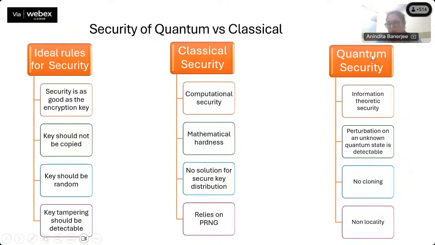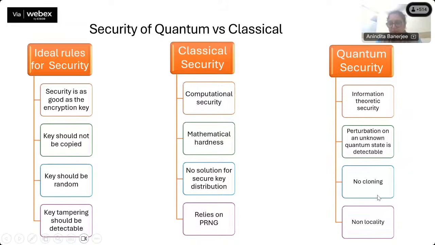On the other hand, quantum security makes certain promises. The quantum world says that the quantum keys, which means quantum entities, microscopic entities, are actually carrying the key information. They are carrying the binary information. So those keys cannot be copied or cloned. These are the rules of quantum mechanics, and we'll look into them later in these slides.